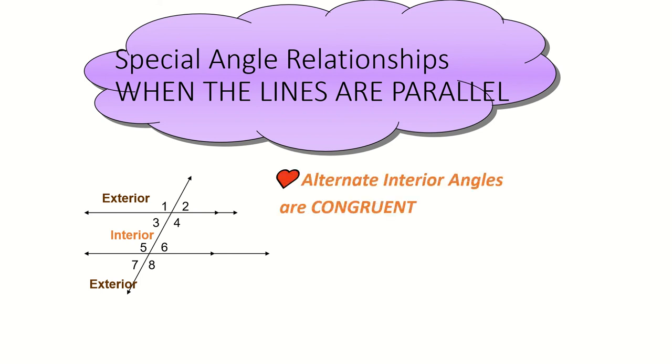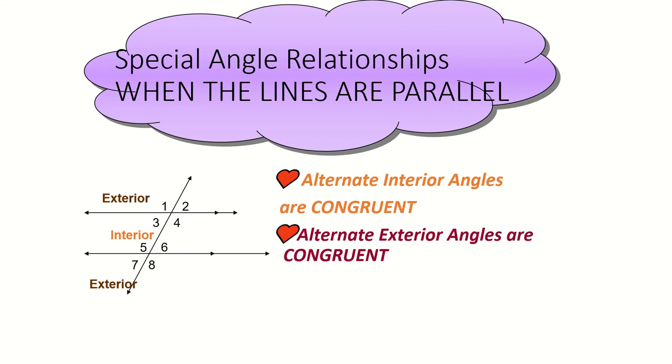When two angles are alternate interior angles, that means they are congruent. That's also true for alternate exterior, they're also congruent. Angles 1 and 8 are alternate exterior angles. Alternate interior angles are 3 and 6, same with 4 and 5.